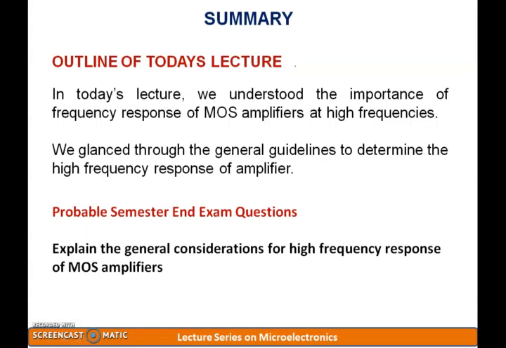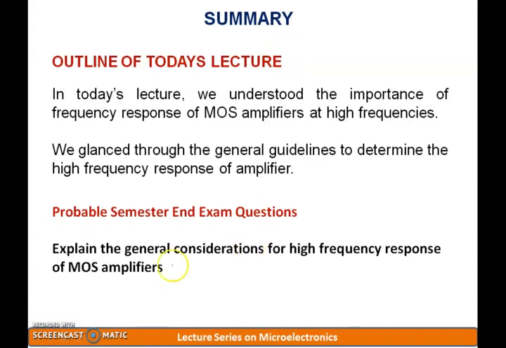But when I deal with the high frequency or upper cutoff frequency of any amplifier configuration, considering the impact of all the parasitic capacitances becomes mandatory, and I need to take care of all those things whenever I determine an amplifier's performance in terms of its frequency response.